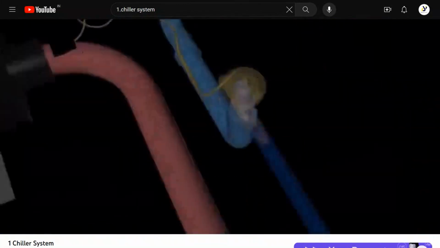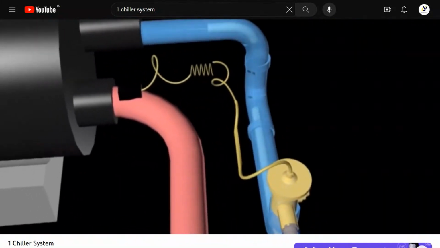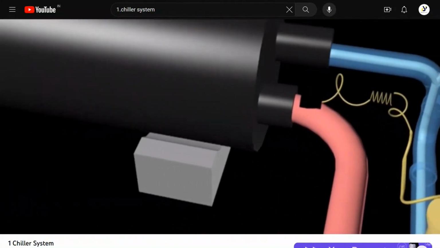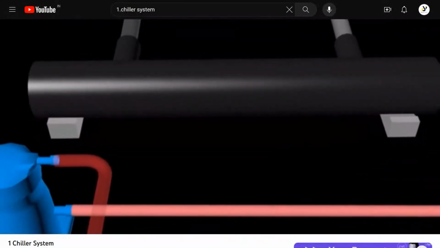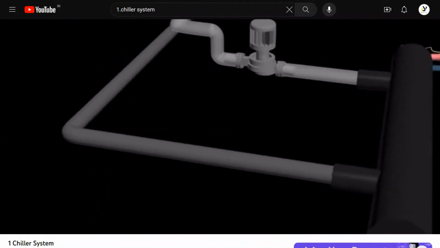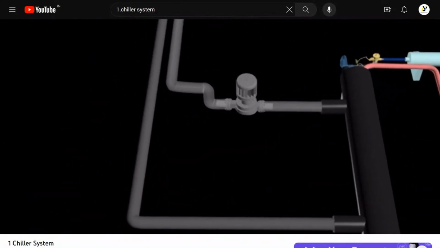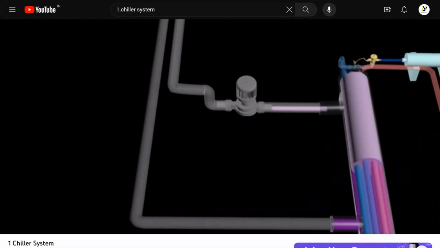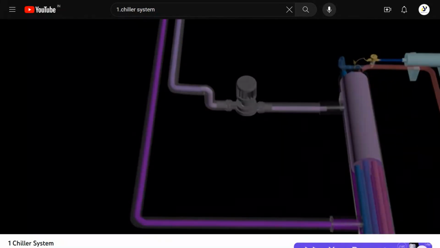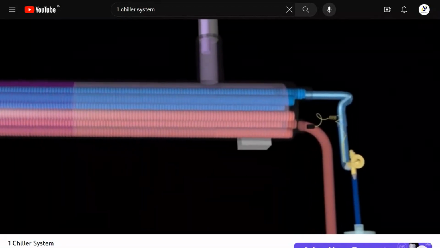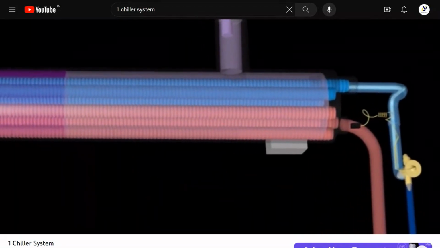Evaporator. The refrigerant in low-pressure liquid form coming out from the expansion valve will flow into the evaporator at low temperature. In the evaporator, the heat from the chilled water which comes out from the air handling unit will be absorbed by the refrigerant due to the temperature difference produced. When the liquid refrigerant with low temperature and pressure absorbs heat from the chilled water, the refrigerant will evaporate to low-pressure gas.